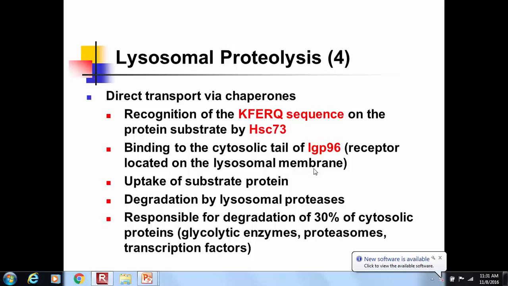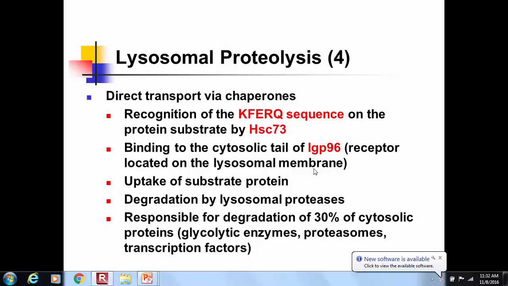Now this is the fourth pathway in the lysosome degradation mechanisms: direct transport by the chaperones. This pathway requires a specific amino acid sequence, a sequence of 6 amino acids on the protein, the substrate.